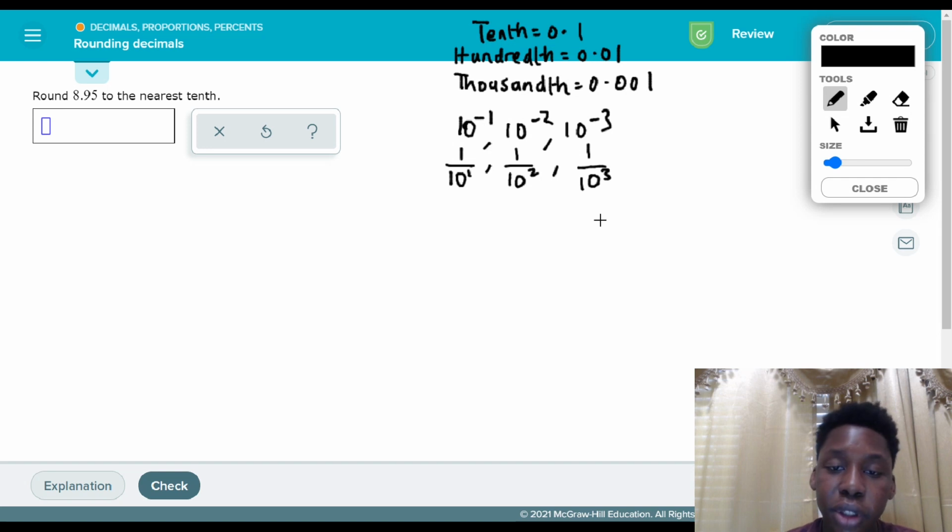When we divide, this gives us a tenth, which is 0.1. 10 to the power 2 is 100, but since we're dividing, it becomes a hundredth, emphasis on the th. When we divide 1 by 100, that gives us 0.01, which is the hundredth. Same thing for thousandths: when we divide 1 by 1000, that gives us 0.001.